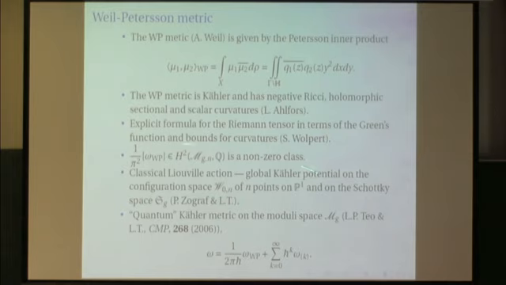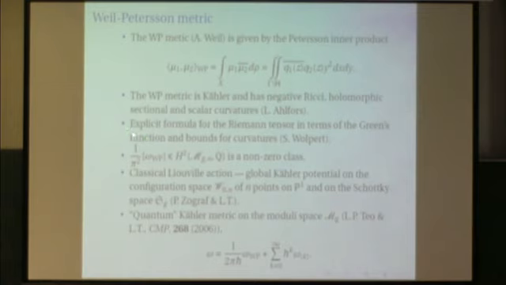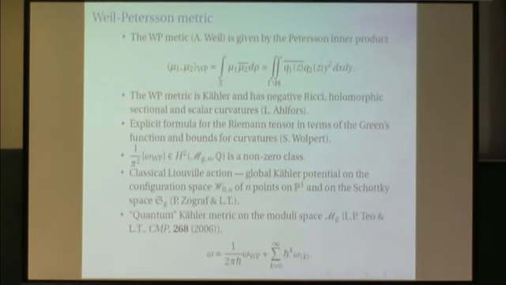The formulas are explicit using the Green's function, and from these formulas one can prove much more. One can get explicit bounds for curvatures and other things. So these are fundamental facts about the Weil-Petersson metric.